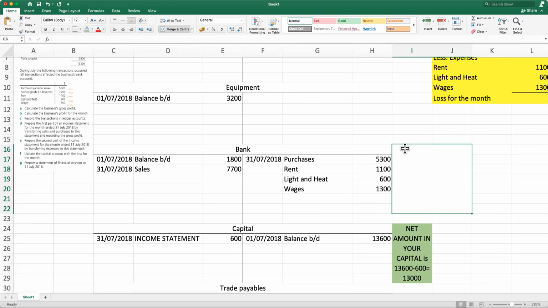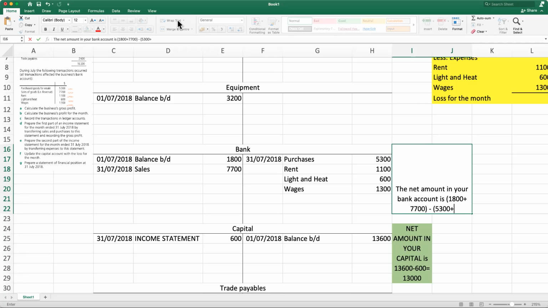And then bank, you also can know your net amount. So net amount in your bank is 1,800 plus 7,700 minus all the ones on the credit side, 5,300 plus 1,100 plus 100 plus.